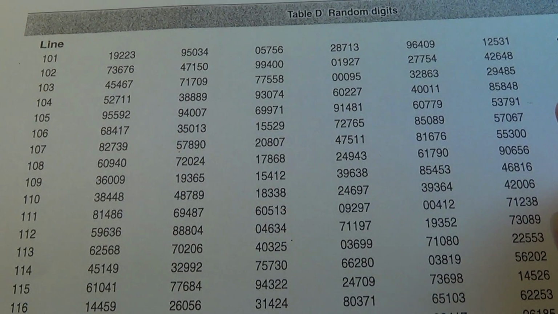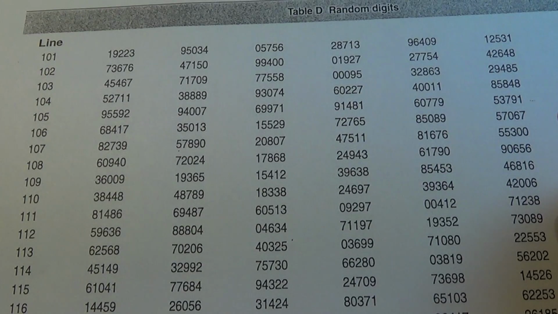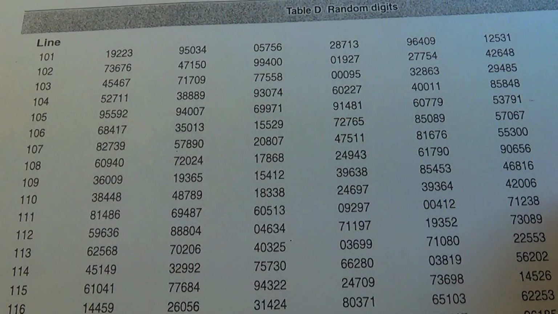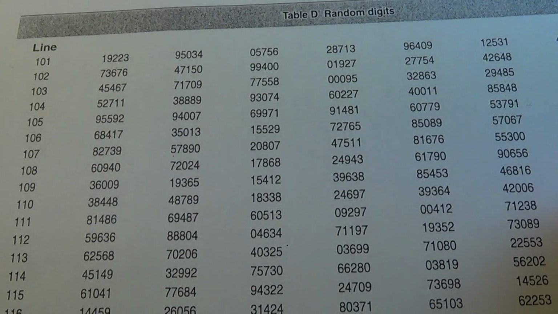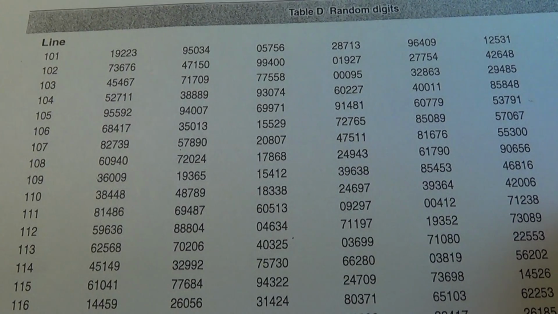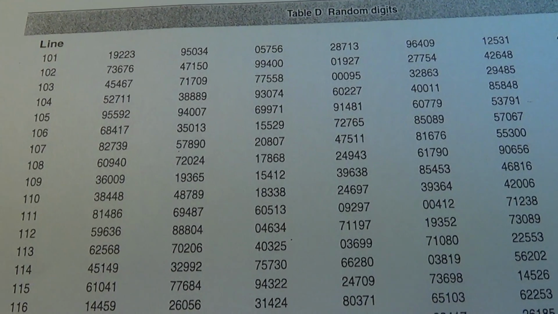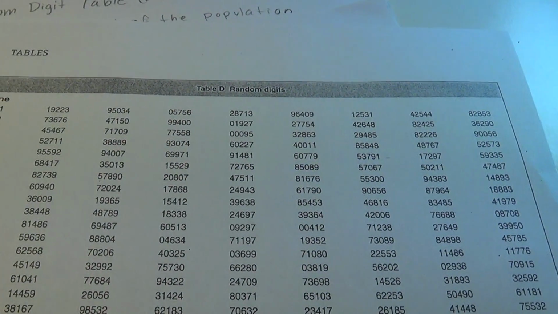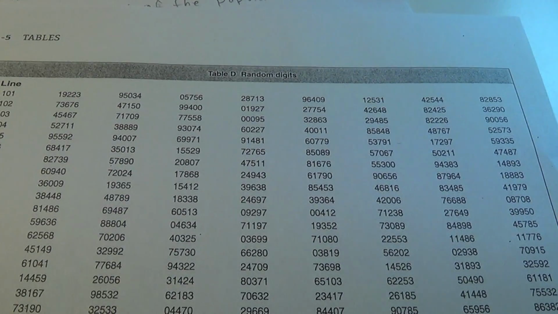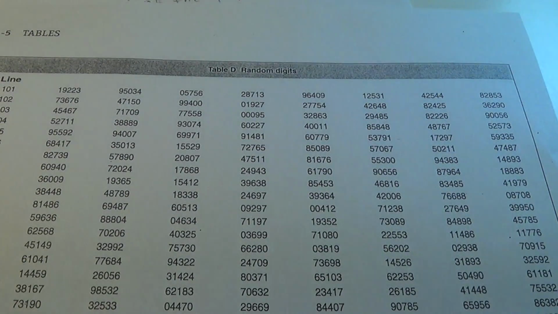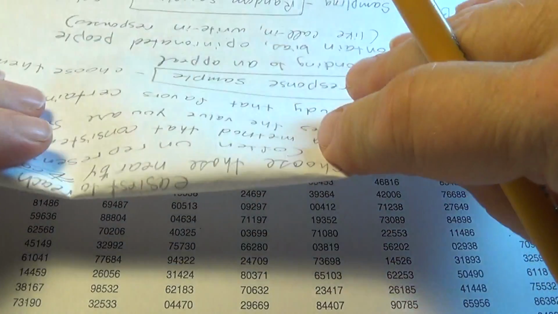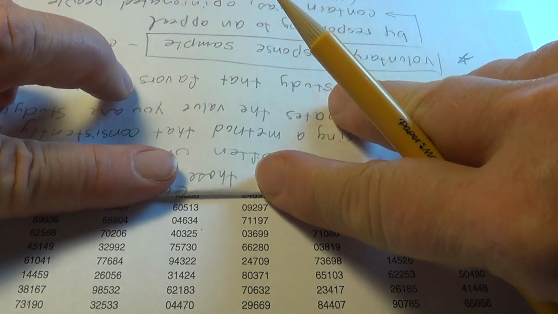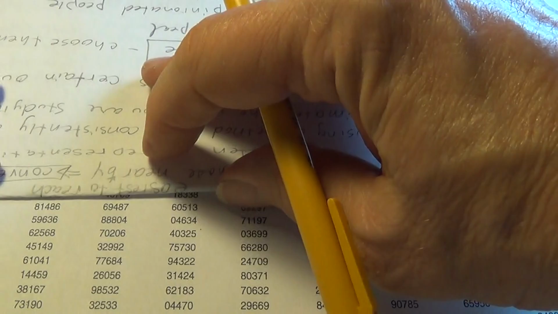Now I'm going to pick any row or any column in my random table of digits. So let's say that I pick row 110, and I'm going to put this down while I circle or underline that so you can see pretty clearly what I'm doing. All right, let me underline 110. And I'll zero into those digits.